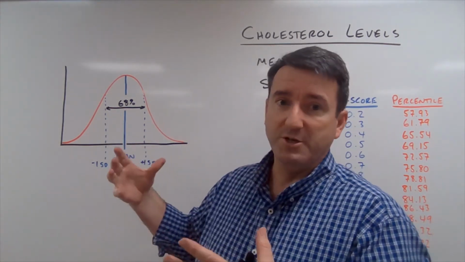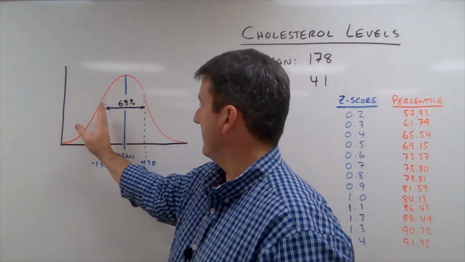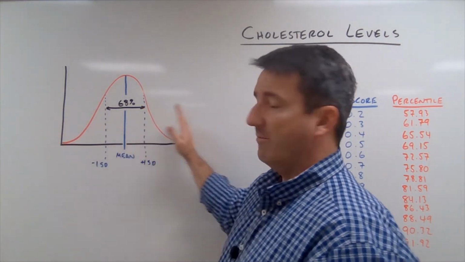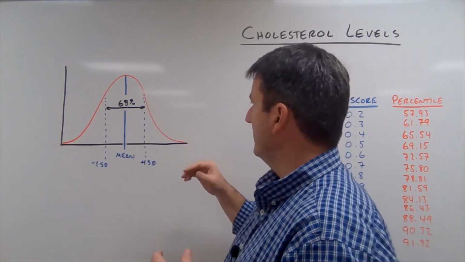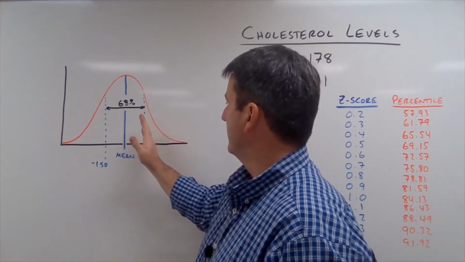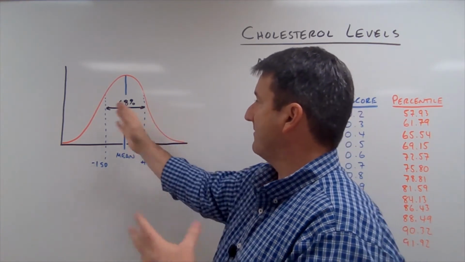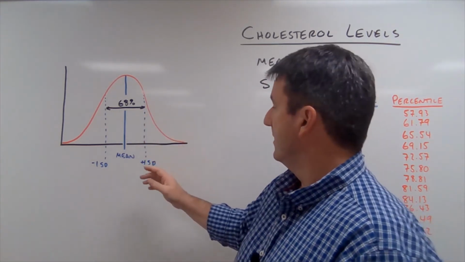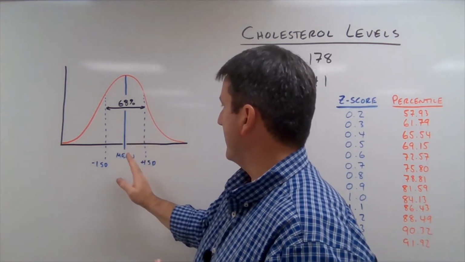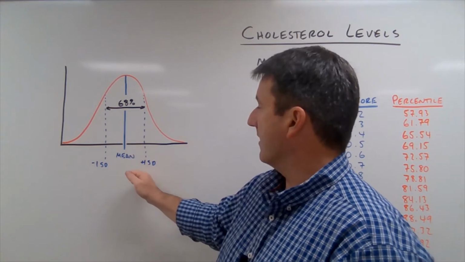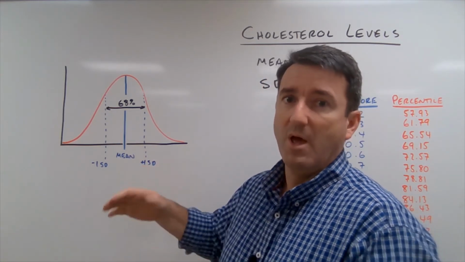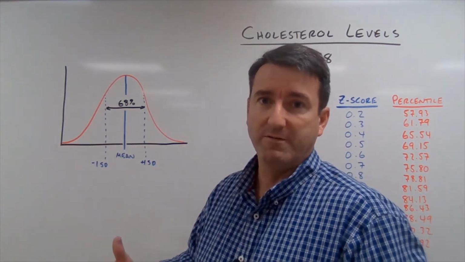That would give us 32%. So 32% are either below here or above here. Well, we just want to know what percent is above here. So that would be half of that, so 16%, which would mean that 84% of all values are less than or equal to one standard deviation above the mean.